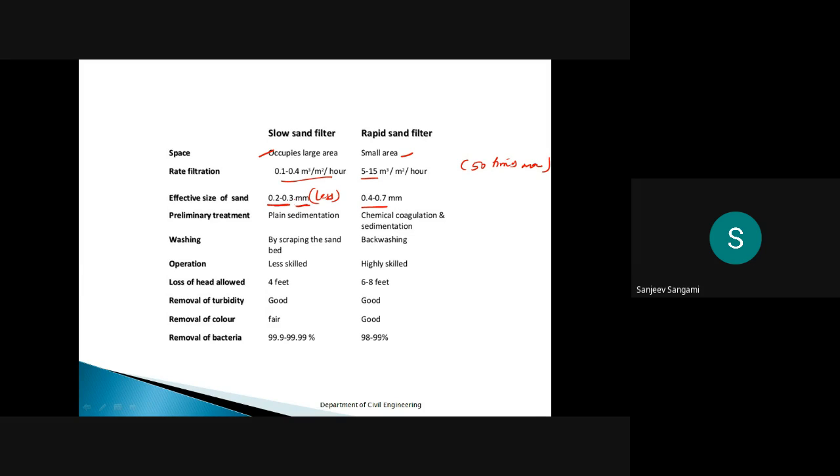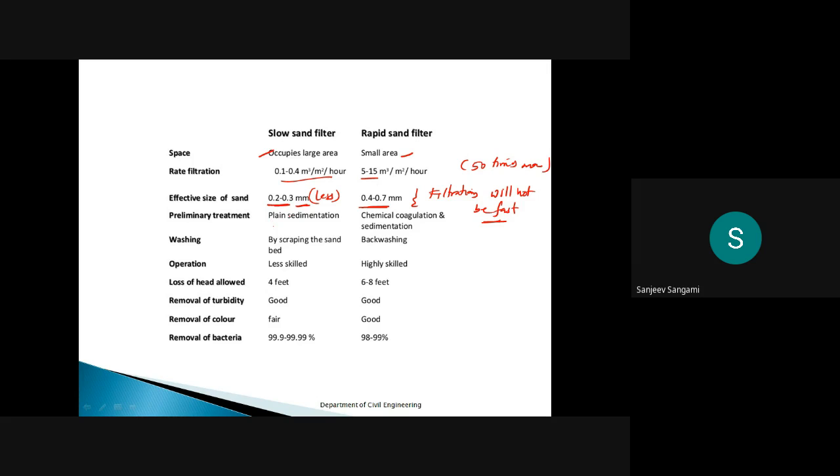Suppose you maintain the same size here, it won't work, the filtration will not be faster. If you maintain the same 0.2 to 0.3 mm in a rapid sand filter, it won't be fast.